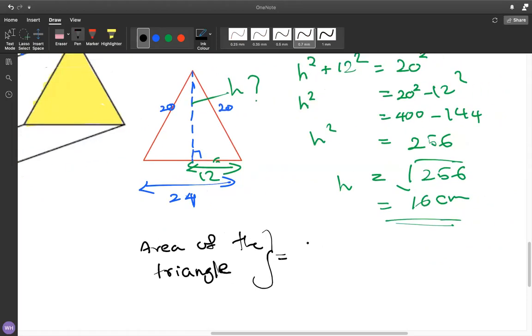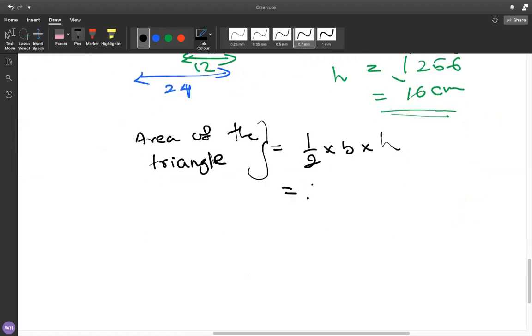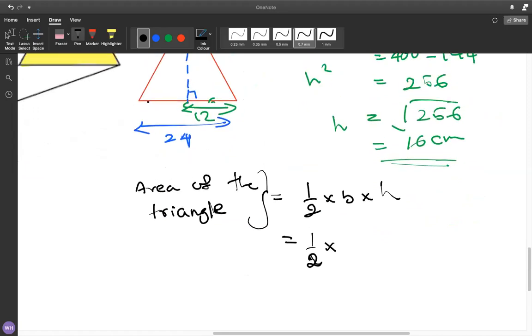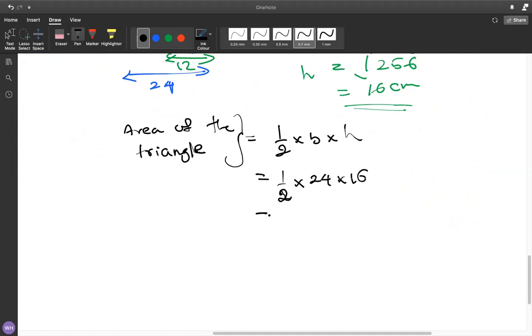Half times the base times the perpendicular height. Now the base is not 12, it is 24, and the perpendicular height we found is 16. Simplifying, we get 12 times 16.